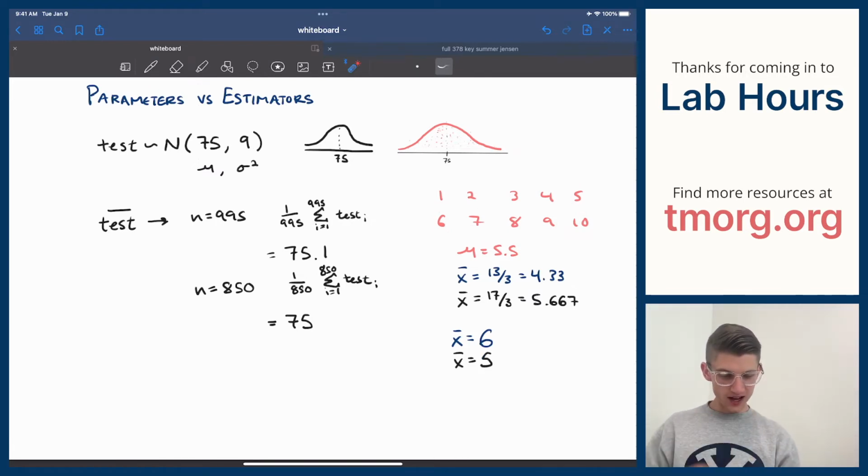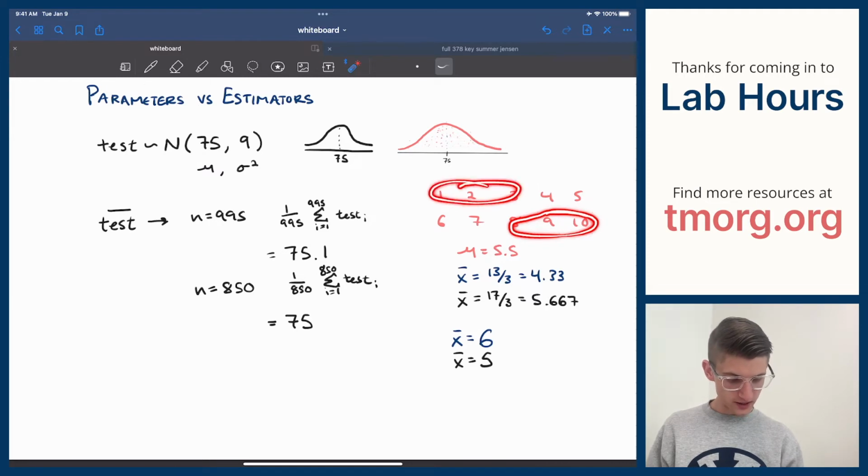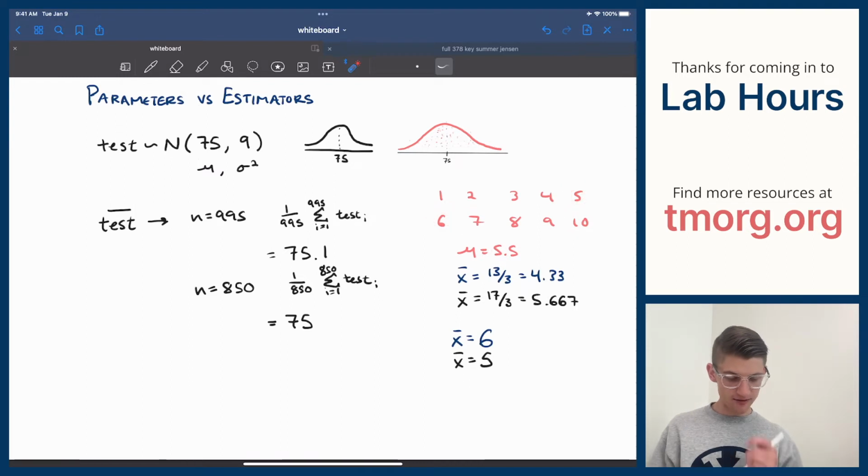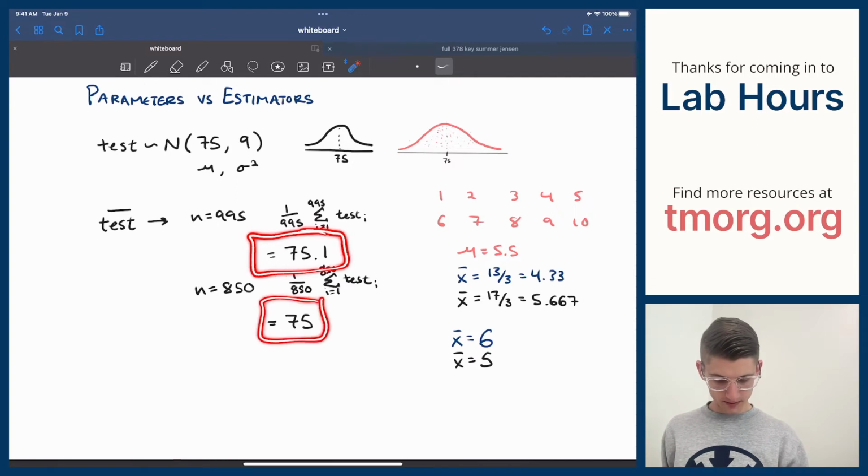So now we've gone from having the biggest possible estimate being 9 and the smallest being 2, to the biggest possible estimate being 6 and the smallest being 5. Basically what this is trying to show is that adding more observations has decreased the variance of X bar in this case. And we can see that that's also potentially true here with test bar.